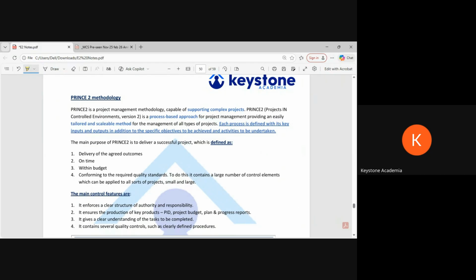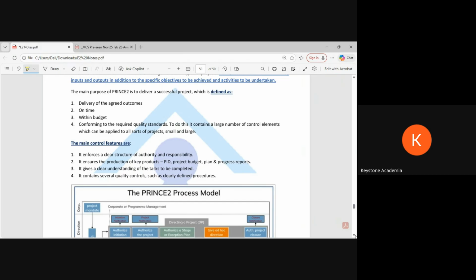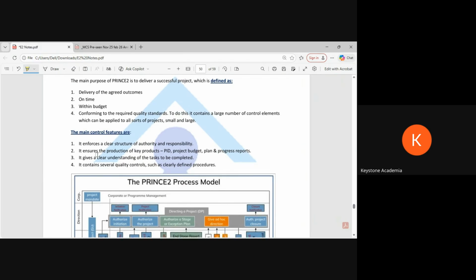It also helps in risk management to improve better controls. It enforces a clear structure of authority and responsibility. It ensures that production of key products is there, because many times if it is complex, unless the previous thing is complete, we cannot go to the next one. So it is resource wastage for the entire thing.